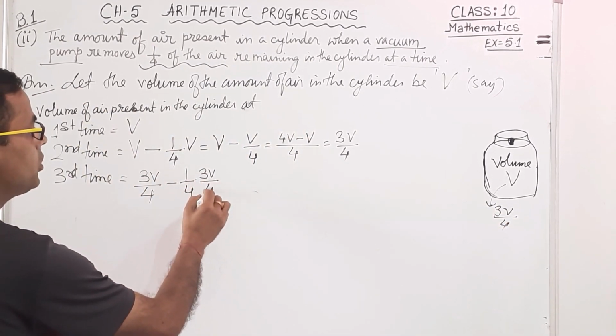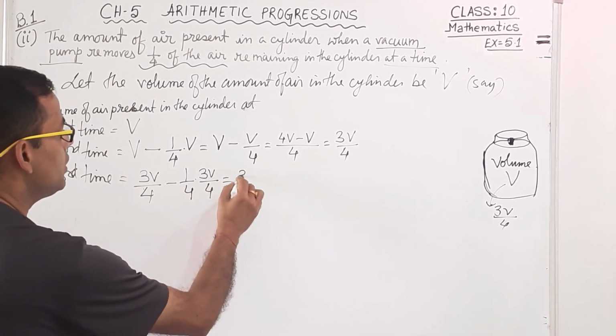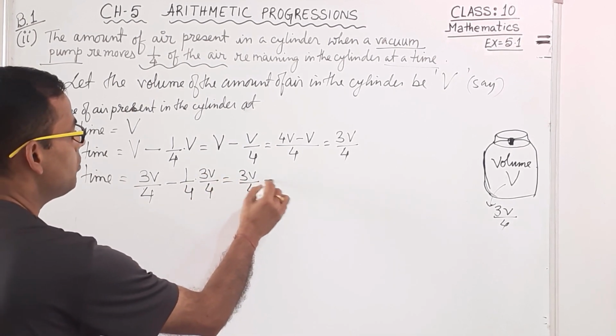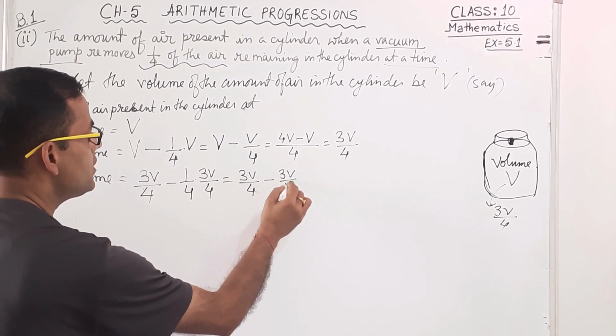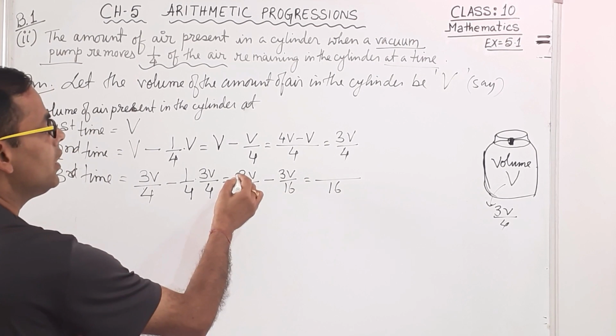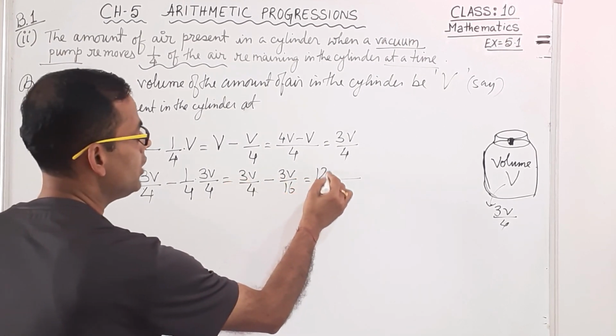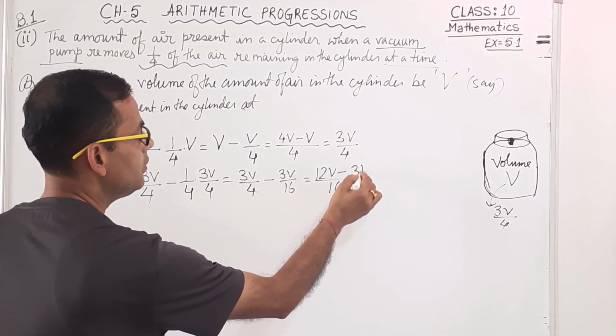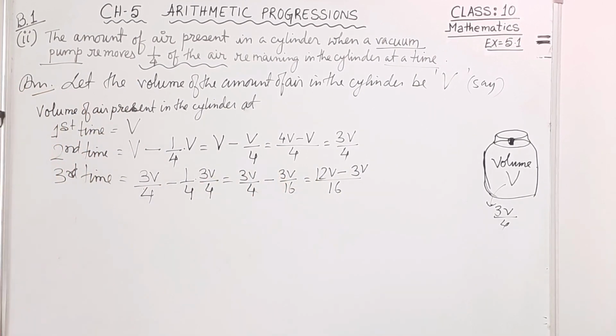So what does it come to? 3V by 4 minus 3V by 16. If you do LCM, 16, 4 4s are 16, and 4 3s are 12, 12V minus 3V. 16 1s are 16, 1 into 3V, 3V.